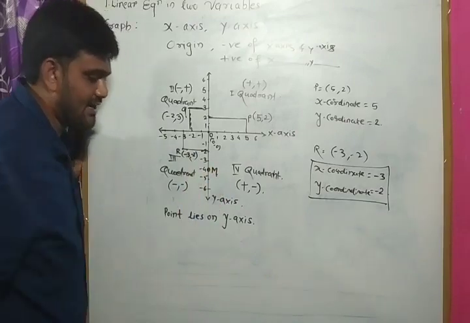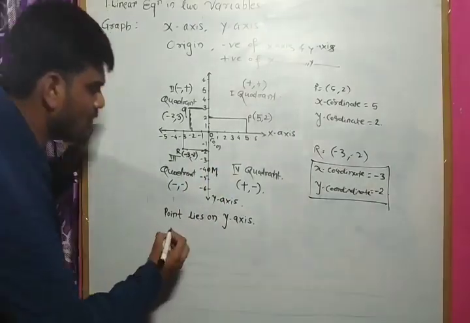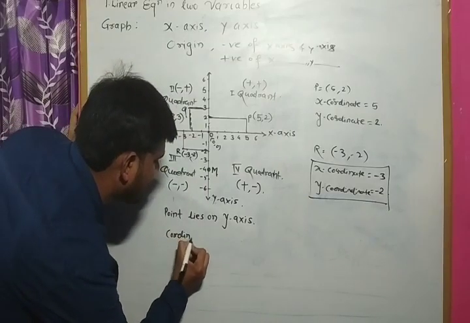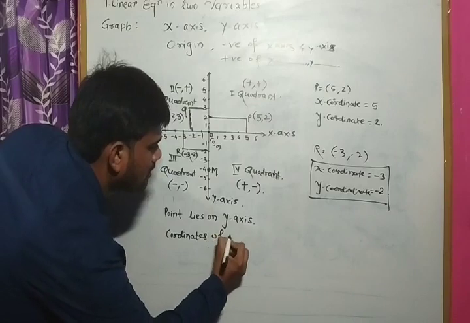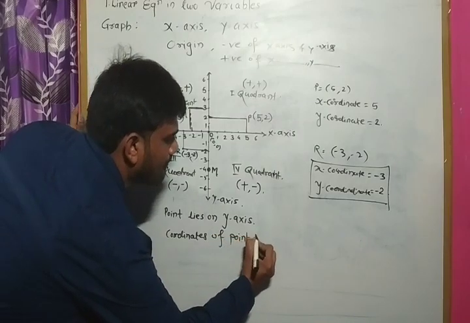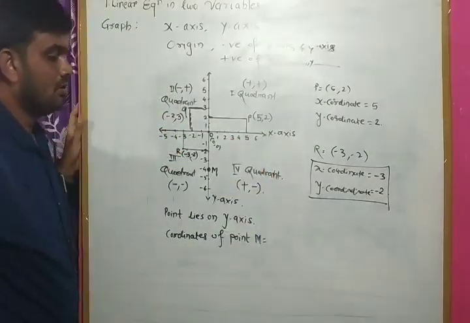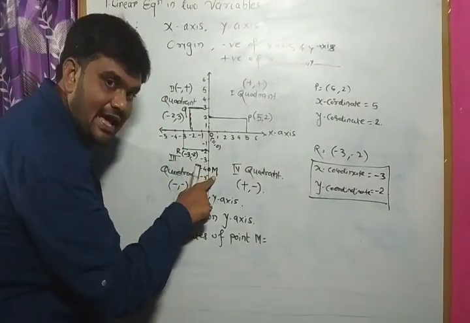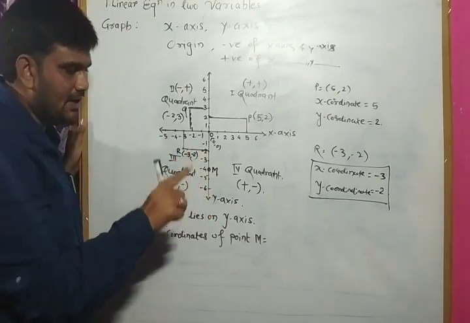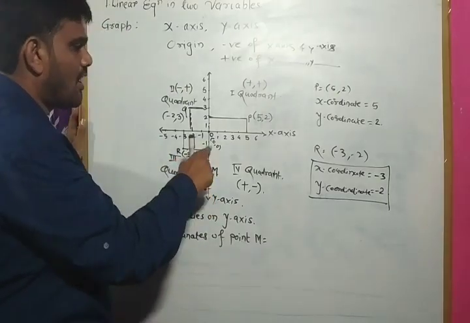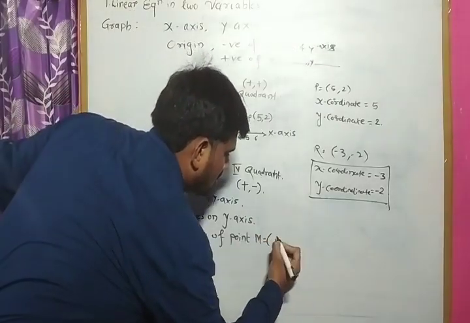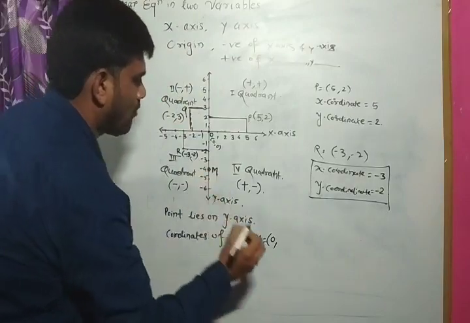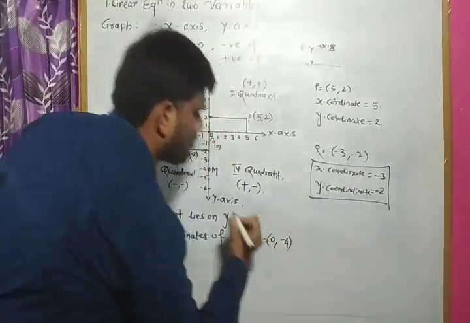This is the point M, and we have to find the coordinates of point M. Coordinates of point M is equal to, first you will take the x coordinate. The point is lying on the y-axis. It means that the point M is equal to 0, y coordinate -4.